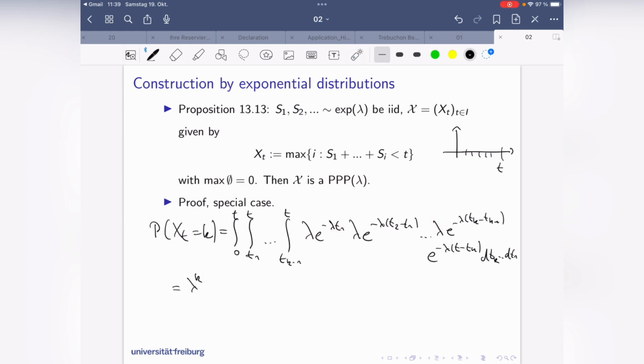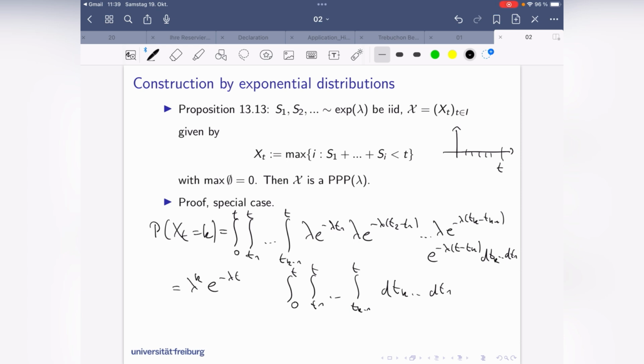That means I have e to the power minus lambda t in front of the whole thing, and essentially nothing remains in the integral: 0 to t, t1 to t, and so on, tk minus 1 to t, dtk, dt1.